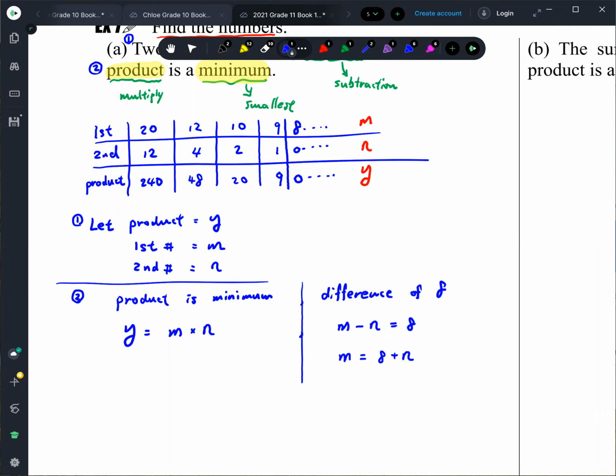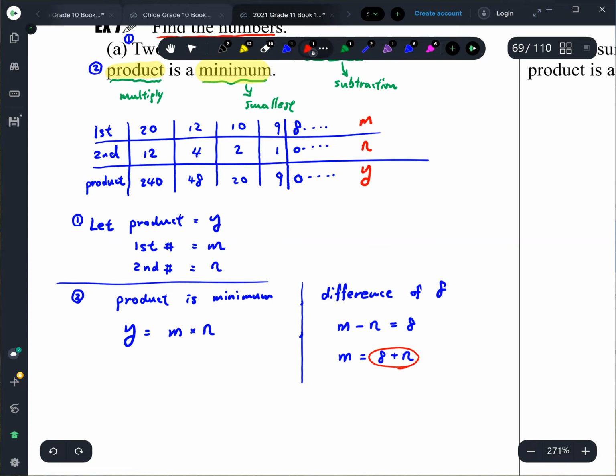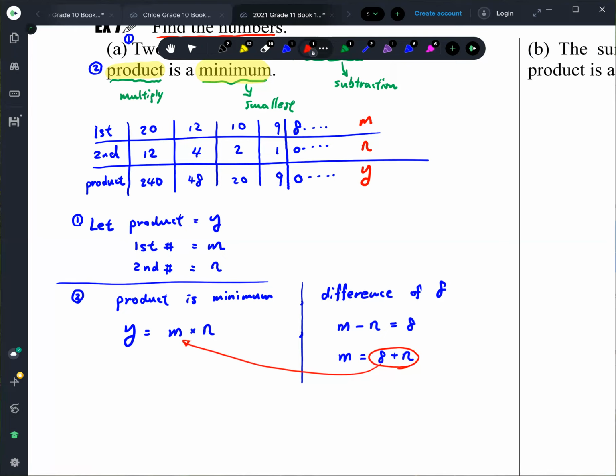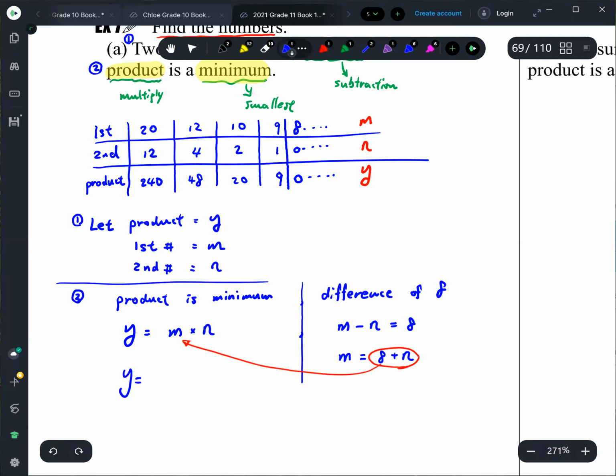Once we've done that, what we can do is to replace the m and sub it into there. 8 plus n is going to replace the m. So then you don't have so many variables in our equation. So we would have y equals to 8 plus n times by n.